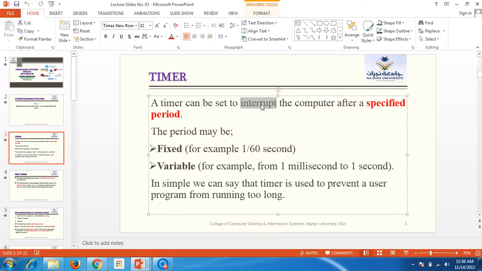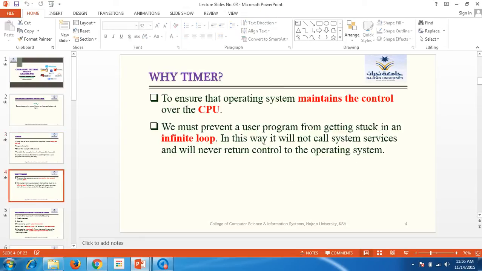We have two types of timer, that is fixed and variable timer. Then we said why we need a timer: because we need it to ensure that the operating system maintains control over the CPU.